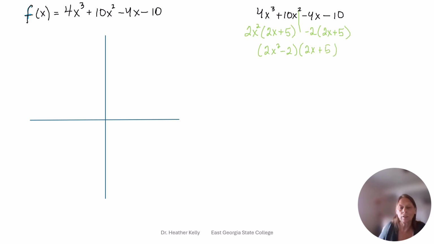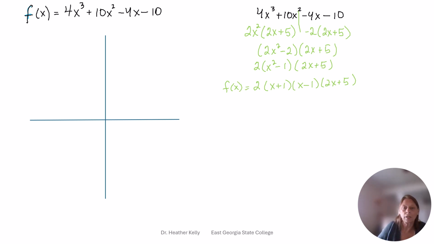Now I just noticed that I could have pulled a factor of 2 out at the beginning, but it doesn't really matter. Let's keep on factoring here. I can pull a 2 out of here, and I have x squared minus 1, and our 2x plus 5. Keep on going. We have 2 times x plus 1, x minus 1, 2x plus 5. So there is our factored form of our function.